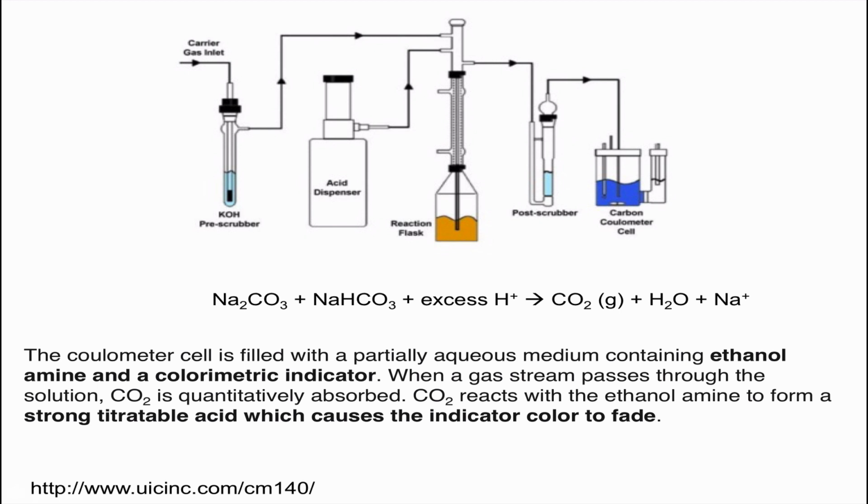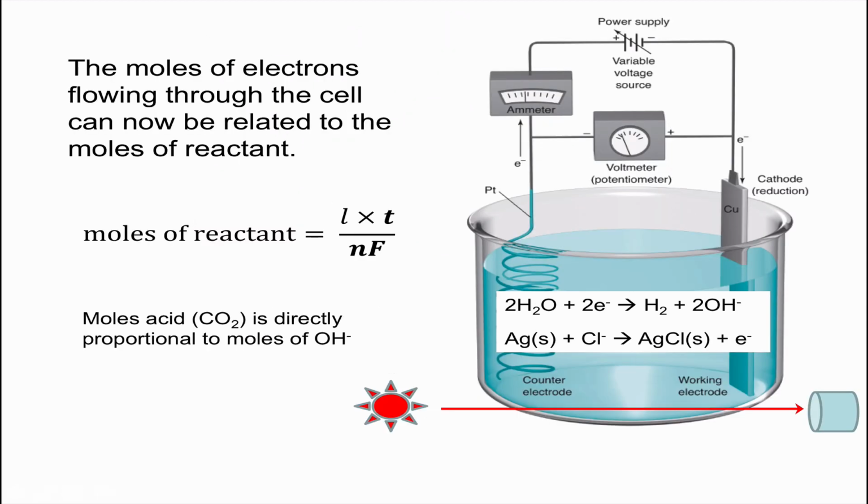All right, so let's zoom in on our coulometer. Our coulometer is going to consist of 2 or 3 electrodes. We are going to produce hydroxide at the cathode, and we're going to produce solid silver chloride at the anode. So these electrodes aren't right. I grabbed this diagram from the book.